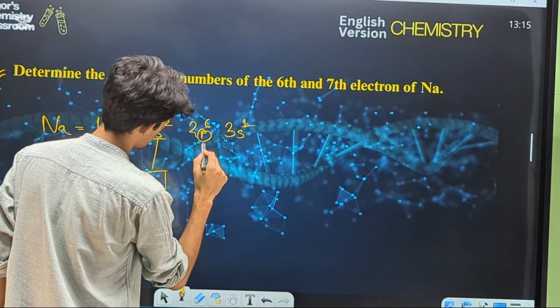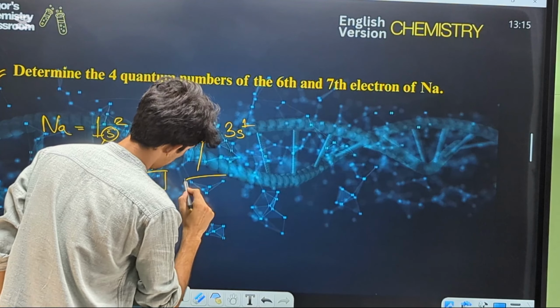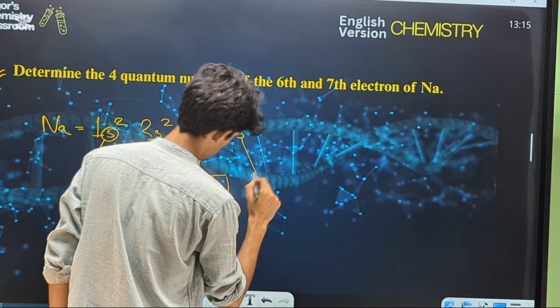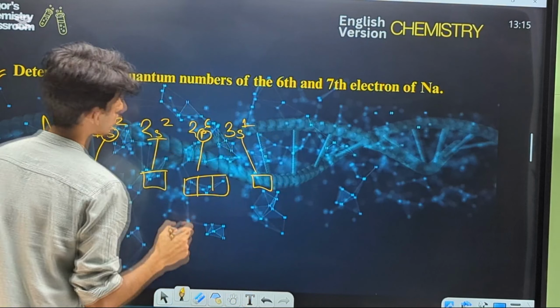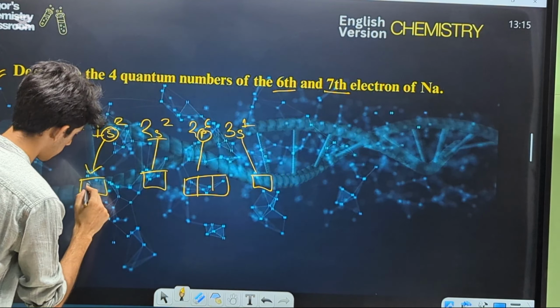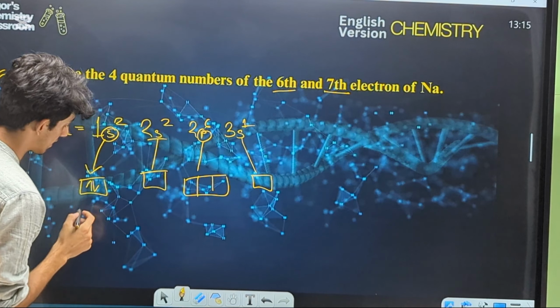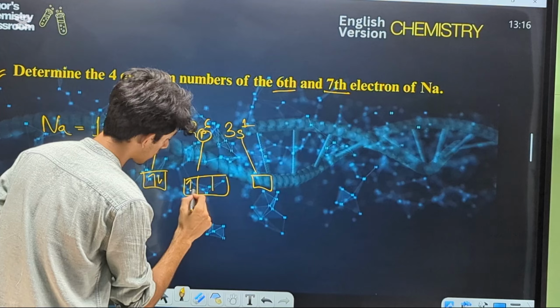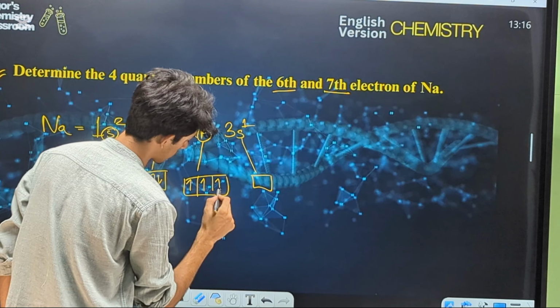And for the p orbital, the division will be like this, in 3 boxes. So we have to know the location of the 6th and 7th electron. The first 2 electrons will go like this, the 3rd and 4th like this, and then there will be the 5th, 6th, and 7th.